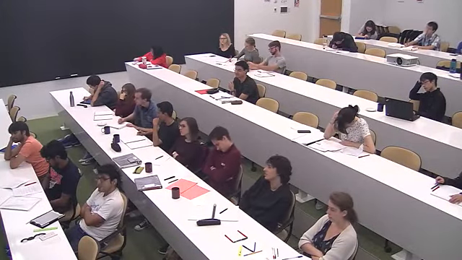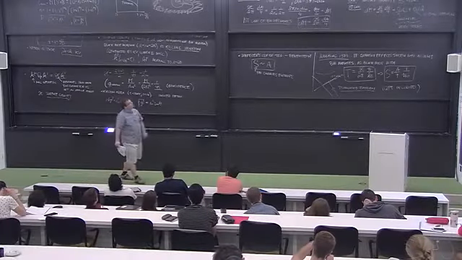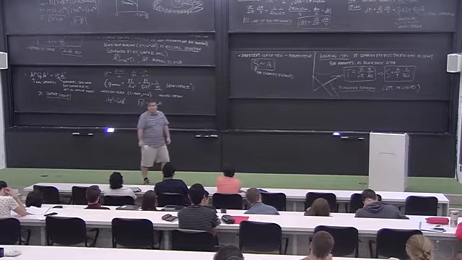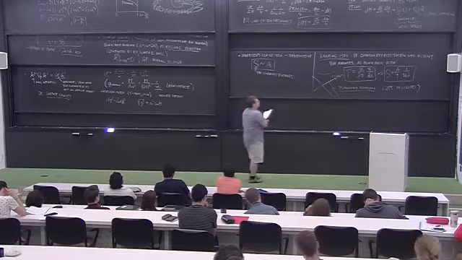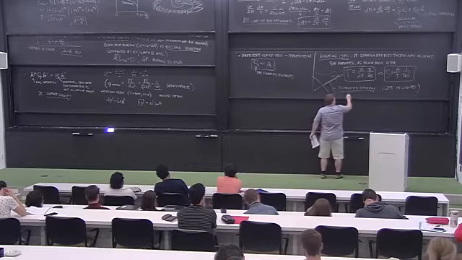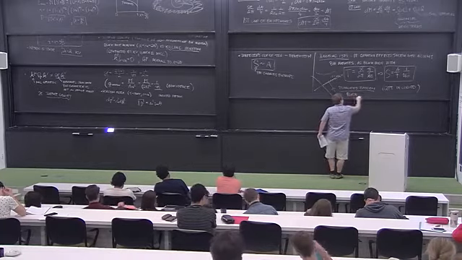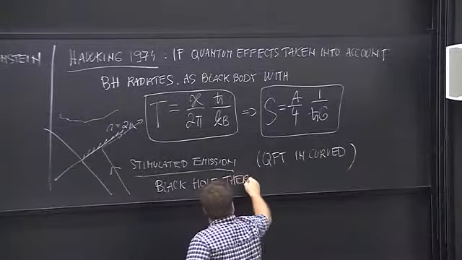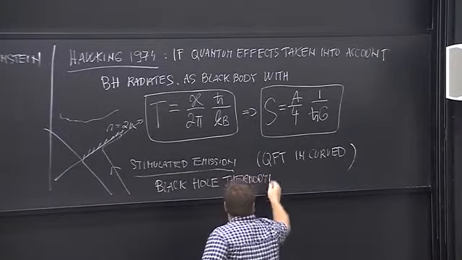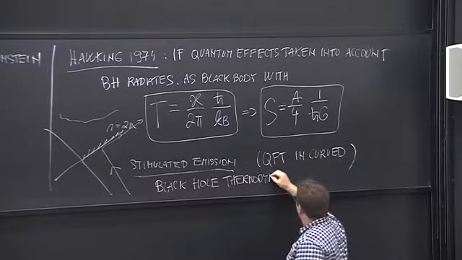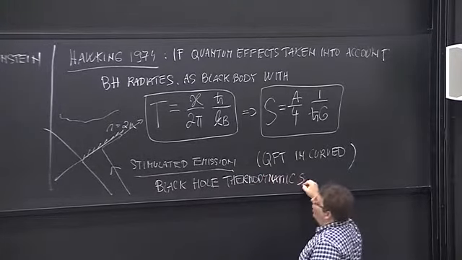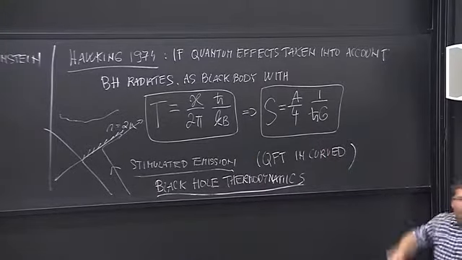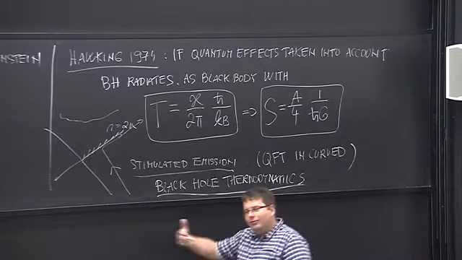All right, so now we have actually promoted those laws of black hole mechanics to really laws of black hole thermodynamics. So this is the origin of black hole thermodynamics, where they say, well, actually now, if I take quantum effects into account, the black hole does radiate, and these laws are nothing but the laws of thermodynamics taken for black holes as well.